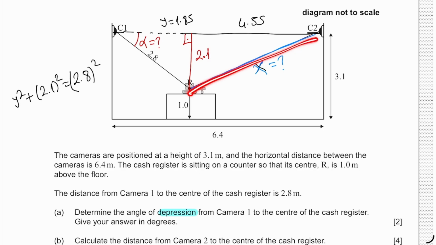Then again, one more Pythagoras theorem, right? 2.1 squared plus 4.55 squared equals x squared. So let's write that on the calculator.